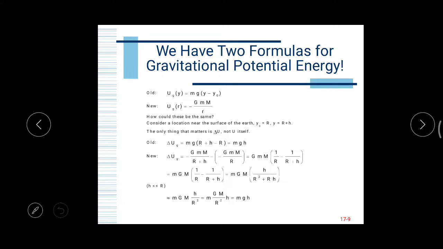So if you are considering a point very near to the earth, the potential energy variation will be equal to mgh, where h is the height from the surface of earth where the particle is situated.